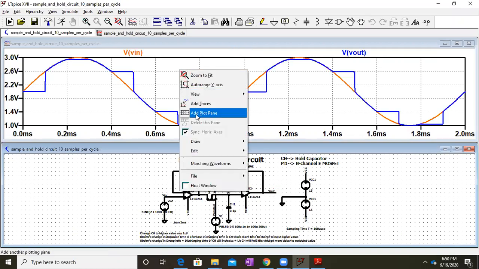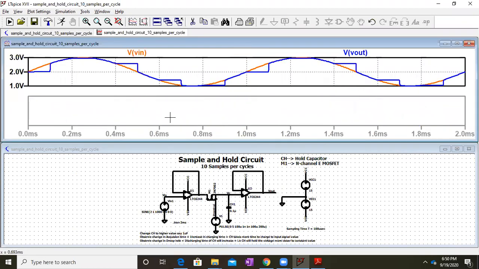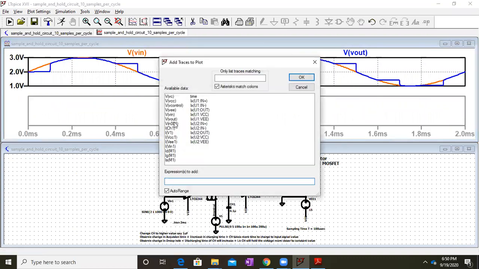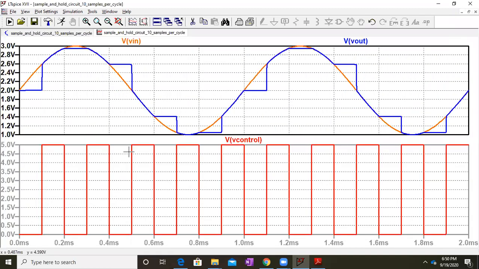Also, let me add one more plane and add the sampling pulses: I'll add V control. These are my sampling pulses. Very good.